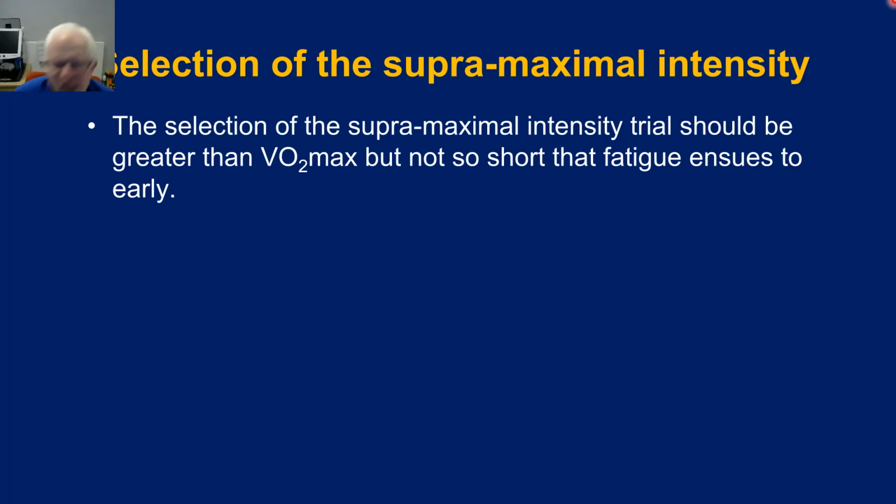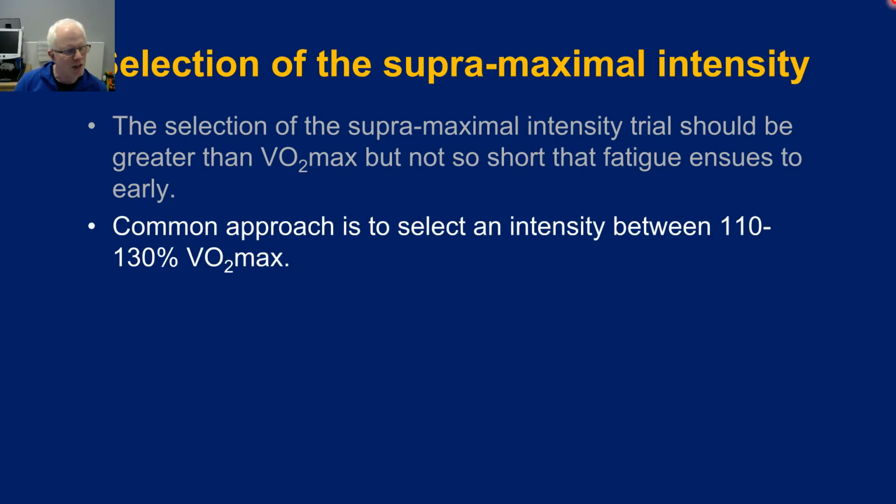So we tend to talk about a window of about 120, 110 maybe, but 120 to 140% VO2 max is kind of an optimal window for these tests. So 110 to 130 as I've got here, 110 to 140 you might get away with.